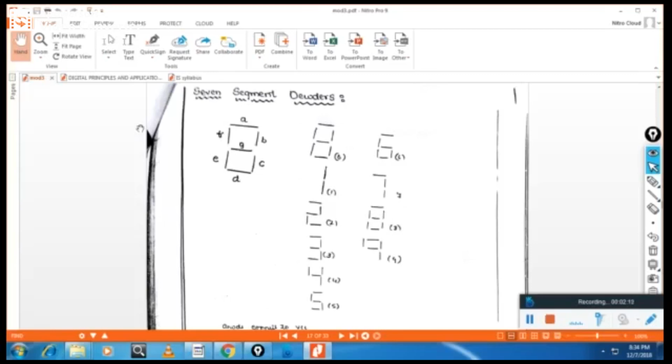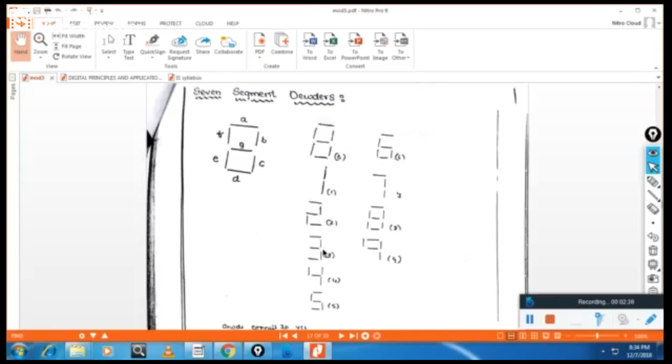So here you can see the LEDs are connected in this form, and this LED is labeled as A, this is B, this is C, this is D, this is E, this is F, and this is G. To display 1, we need to forward bias these 2 LEDs, that is B and C. To display 2, these LEDs should be forward biased.